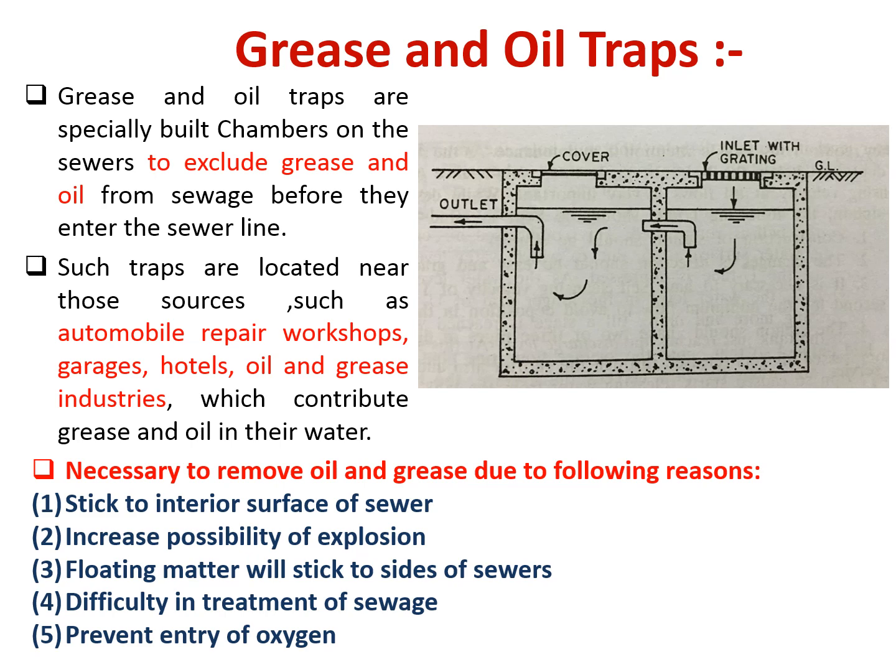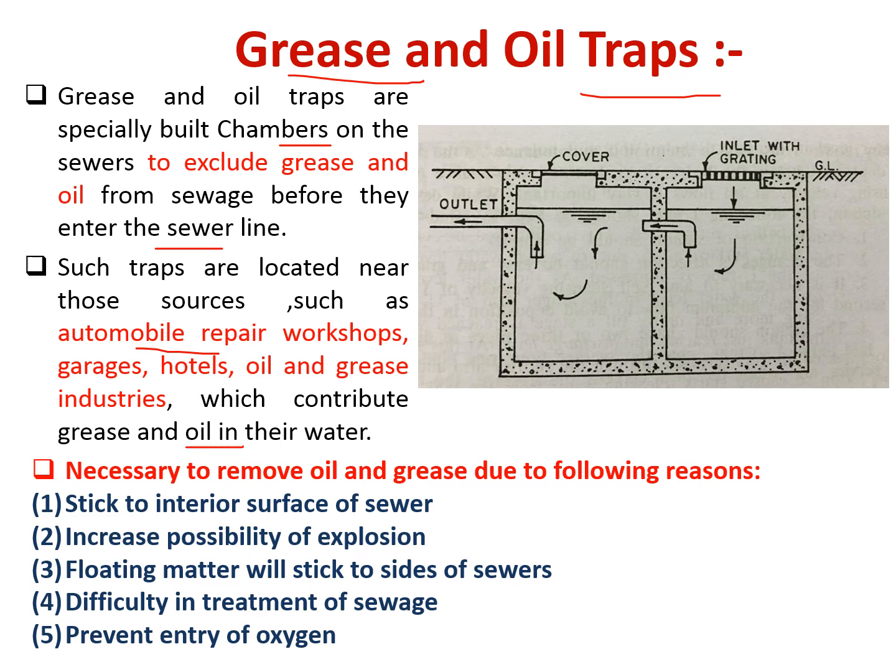Now next is grease and oil trap. So here grease and oil traps are specially built chambers on the sewers to exclude the oil and grease, as the name suggests, from the sewage before they enter the sewer pipeline. So generally these traps are located at such places where there are chances of oil and grease are more, like automobile repair workshop, then garages, hotel, oil and grease industries.